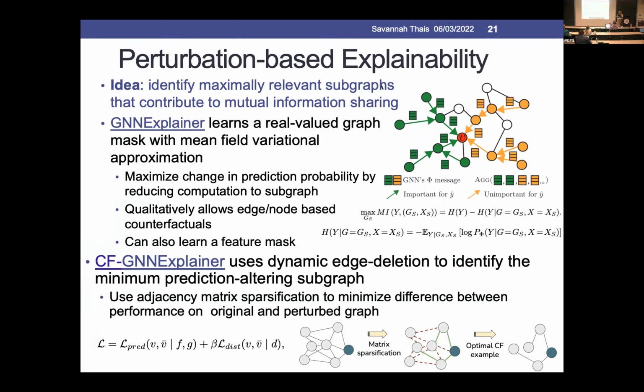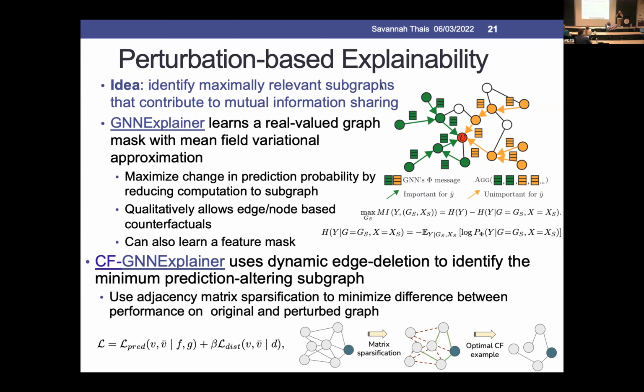So first, GNN Explainer tries to learn a graph mask that basically picks out what are the really relevant nodes and edges to the decision of a particular node you're looking at, and it does this by maximizing the change in the prediction on the node you're explaining by applying this mask.